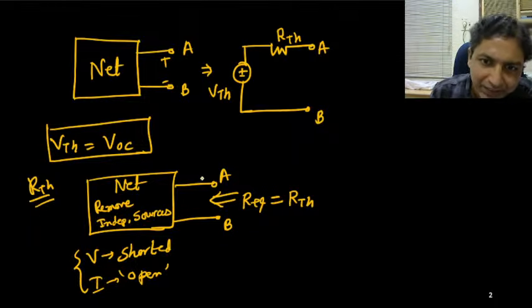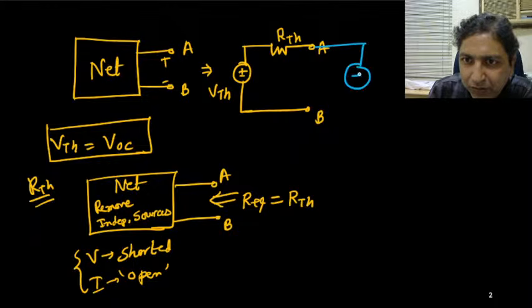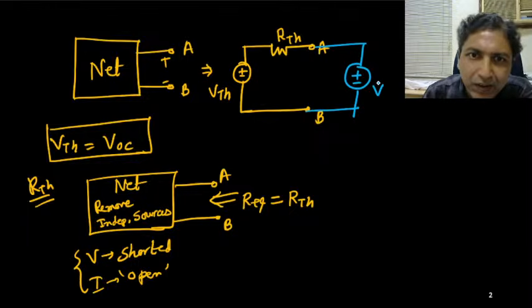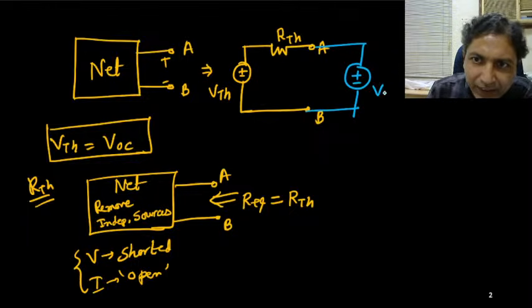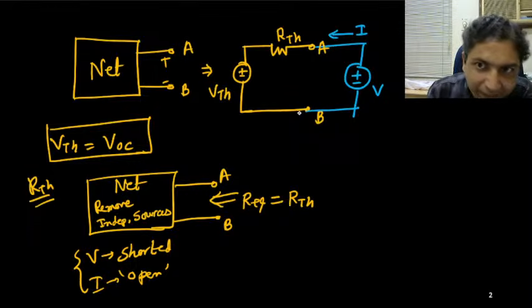We have some other things you can do. Suppose I connect a voltage source V and assume that current I is flowing from this source. Then you can get one equivalent equation. What is the equation?